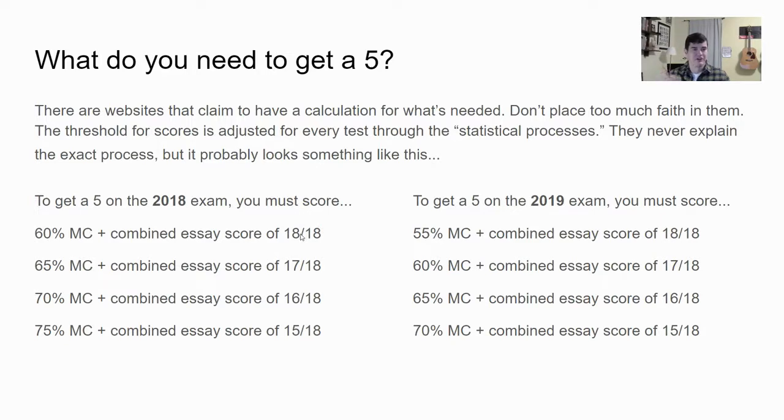I don't know what the composite score itself would look like, but they would say that in 2018 was the threshold to get a 5, getting perfect scores on the essays and as low as a 60% on multiple choice. Whereas perhaps in 2019, they determined that it was a tougher exam overall.